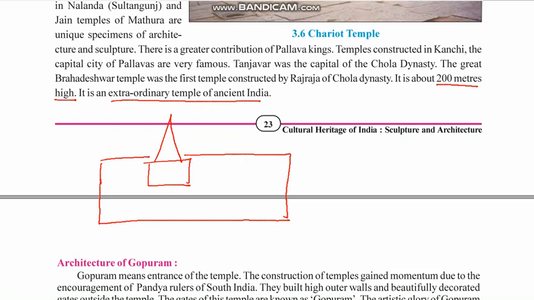The shadow is located in such a way that it always falls inside this boundary. It doesn't go outside the boundary. Even the shadow of the top part, when the sun's rays are coming, will fall inside this part only, and that's why it is said that the shadow of the Brihadeshwar temple doesn't fall on the earth.